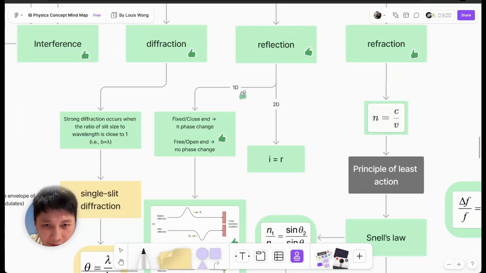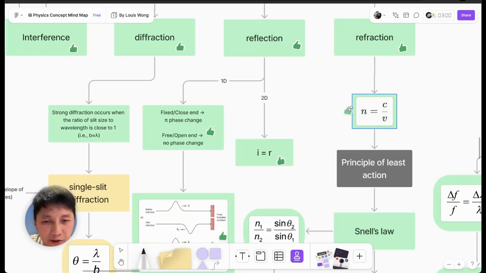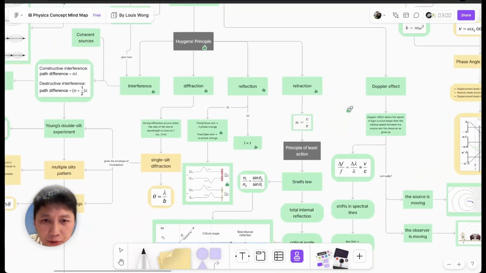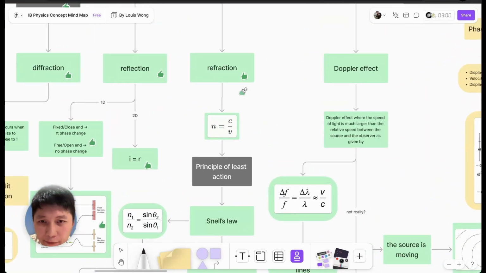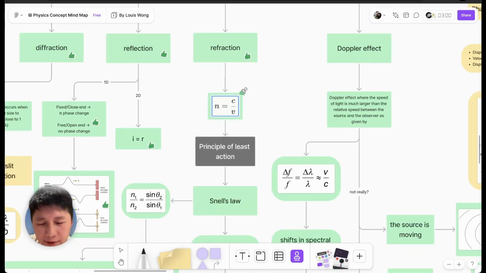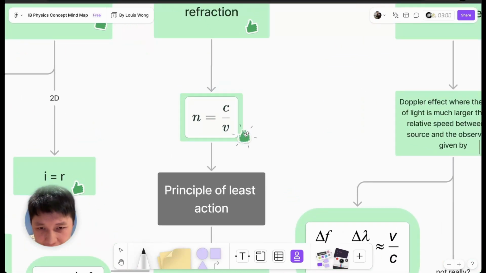So that's the 1D case. As for the 2D case, you probably have seen things like a laser pointer shining onto a plane mirror and then reflecting, and that is the reflection law, which is incident angle equals reflected angle. Now moving forward to the next phenomenon, usually school would talk about refraction, and we have refractive index.